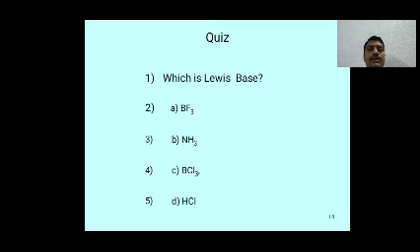In ammonia, the central nitrogen atom has a lone pair of electrons, which it donates to another substance, so ammonia acts as a Lewis base. Boron trichloride is also a Lewis acid, and HCl is an Arrhenius acid. The Lewis base is ammonia, NH3. Correct answer is B.